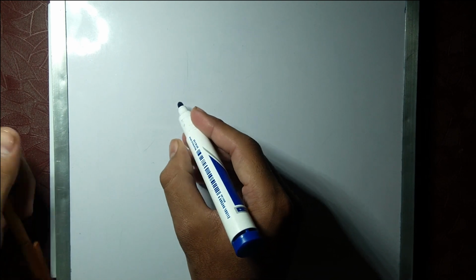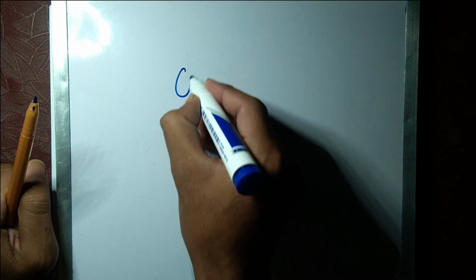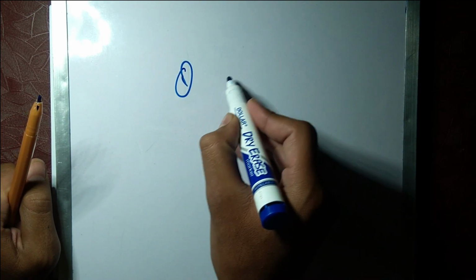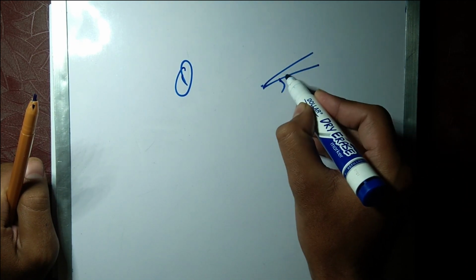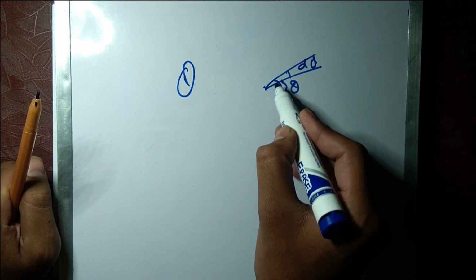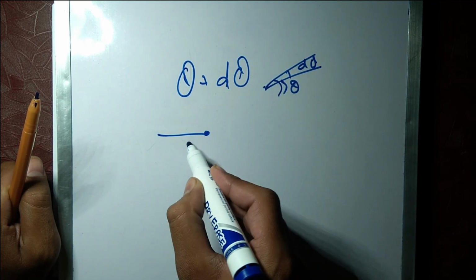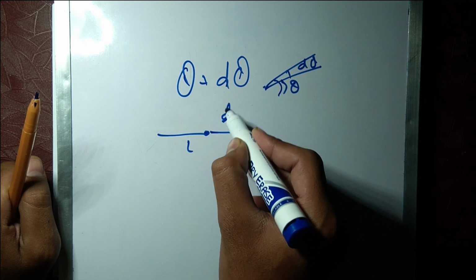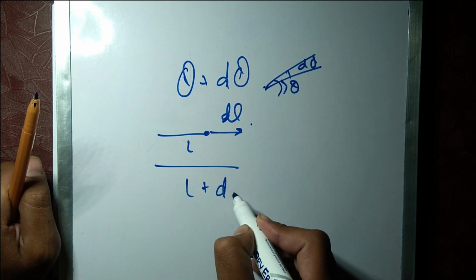As you look at it, you have to consider that you have a system, and in that system you have a small change. Just like you say that we have theta, and a small change d theta, the overall change will be theta plus d theta. You have a length l, then you cover some length element dl, so the total will be l plus dl.